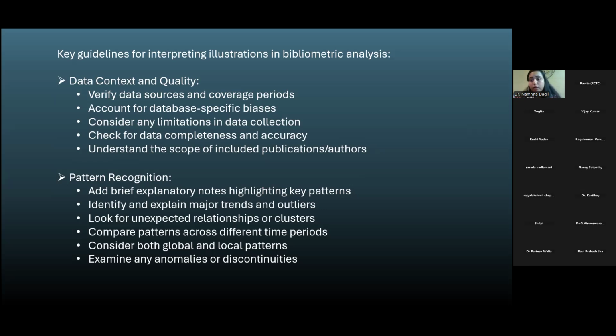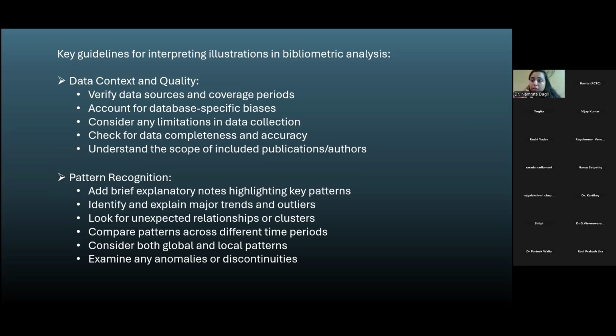So, for interpretation, first of all, we should have some context in our mind. For this, we need to do a thorough literature review while we are considering any paper.